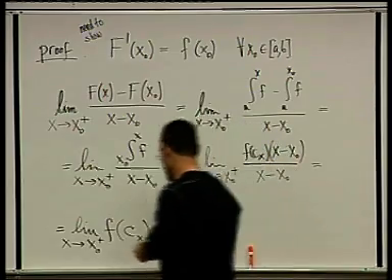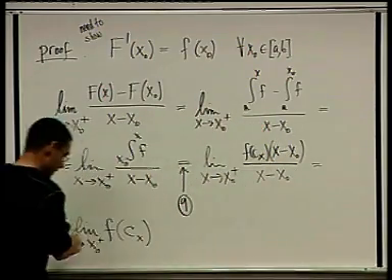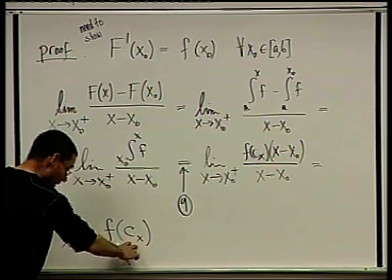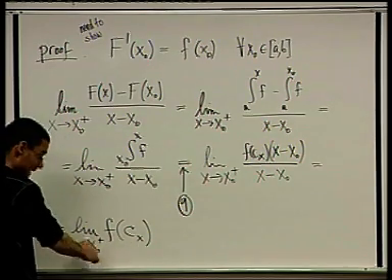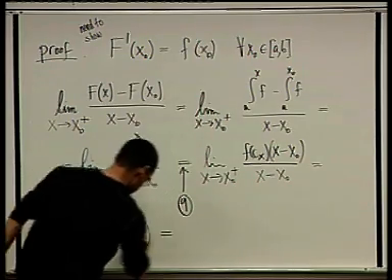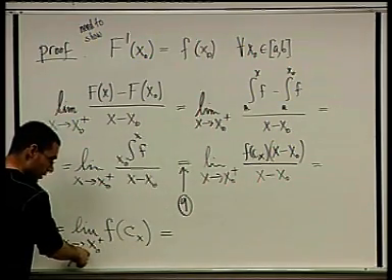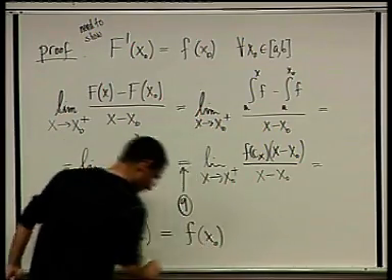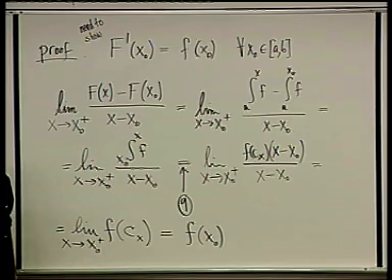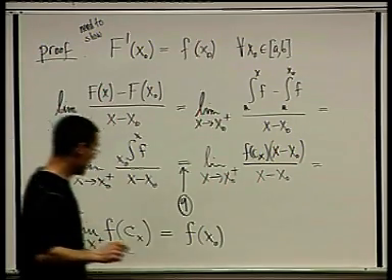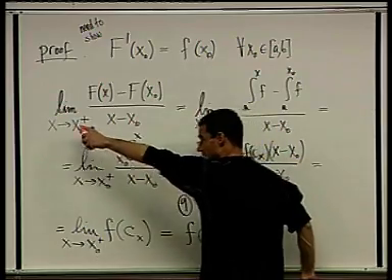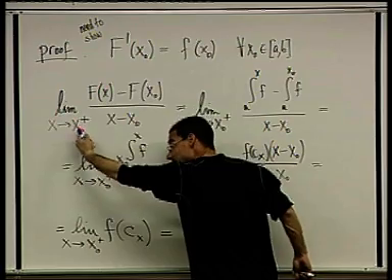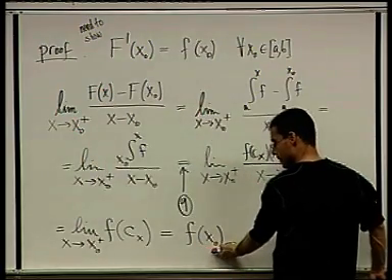So the limit of f of c_x as x approaches x0: c_x approaches x0, and since f is continuous, when c_x approaches x0, f of c_x approaches f of x0. So what we showed is that the limit defining the derivative at x0, well, the right-sided limit, is this.